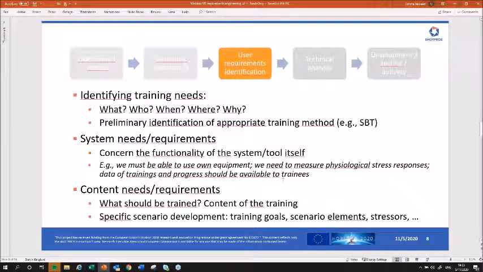So the content of the training, of course, is a very important part and should be as maximal as possible, but this is a researcher speaking, should be evidence-based. So that's why we also try to combine our user requirements analysis with other research, because we have information from the users on which elements they feel increase their stress levels to reach negative levels.